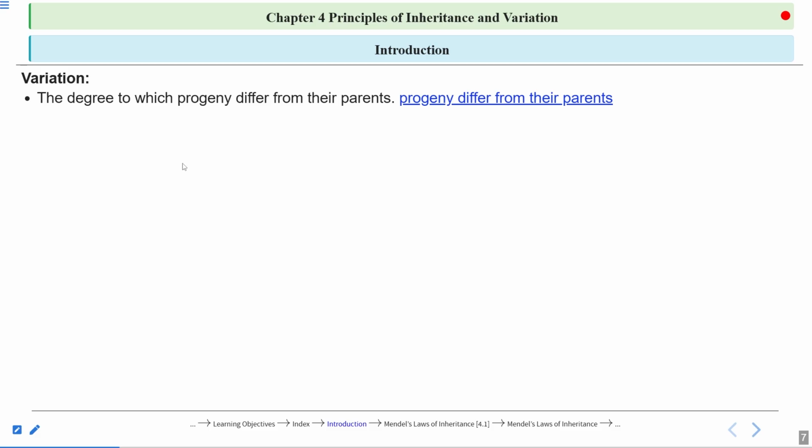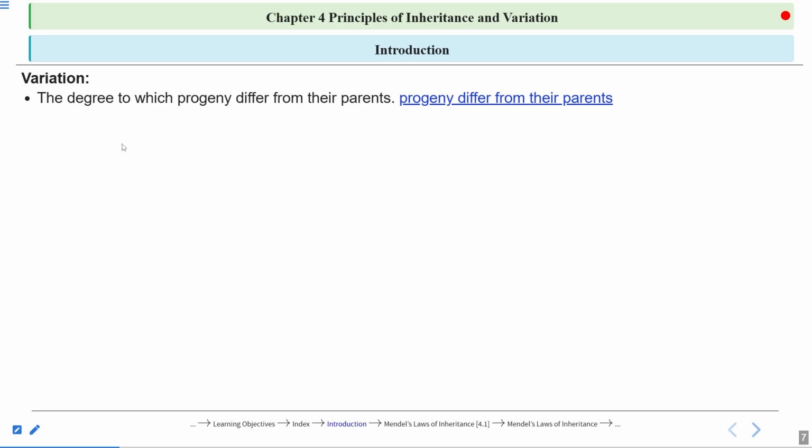And there is recombination also. And there is random inheritance of the genes. So the progeny is different from the parents, so they show variations from their parents. So the degree to which the progeny differs from their parent is known as variation. It means how much they are different from their parents.